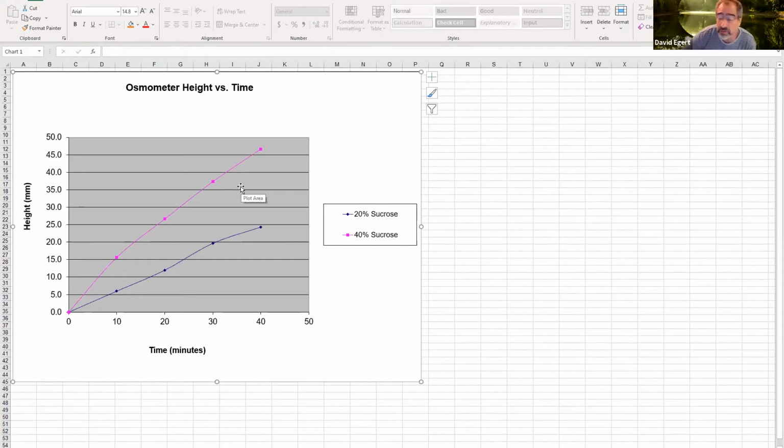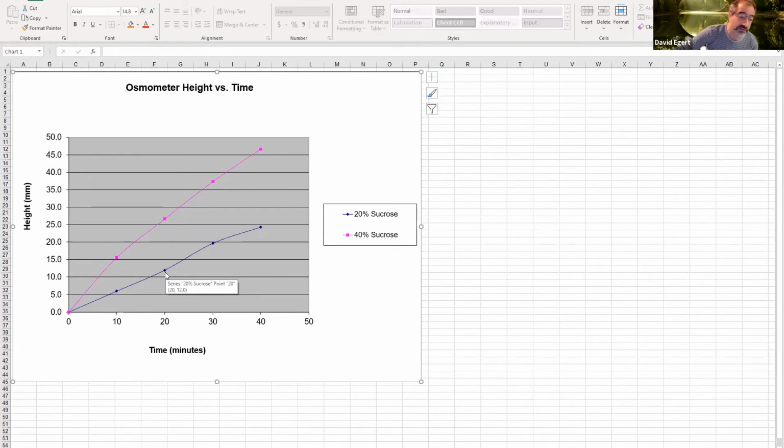Again, height was not our actual dependent variable. What was our dependent variable? The rate. So to calculate rate is just distance divided by time. For each of these 10-minute blocks, we can take the height difference from 10 minutes to 20 minutes and divide by 10 minutes.